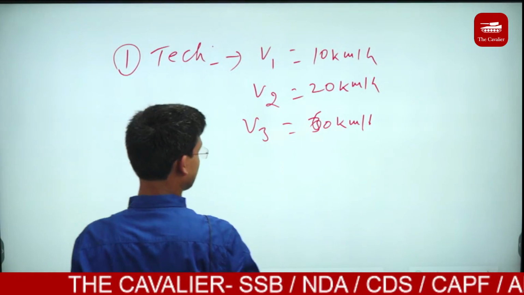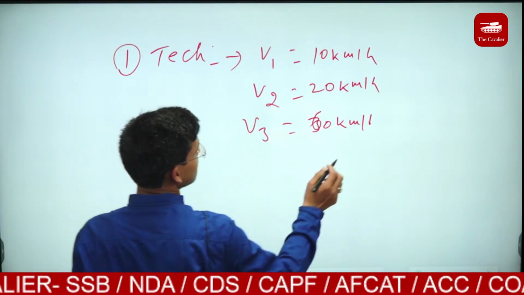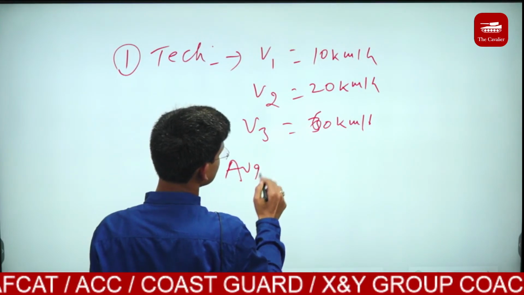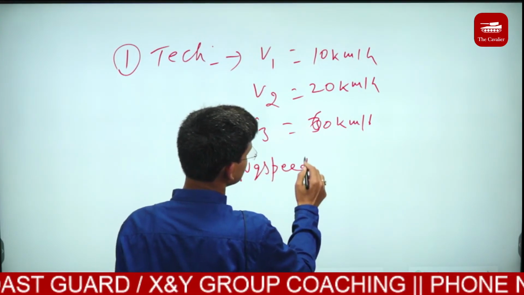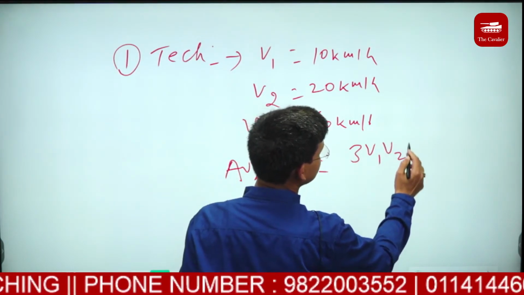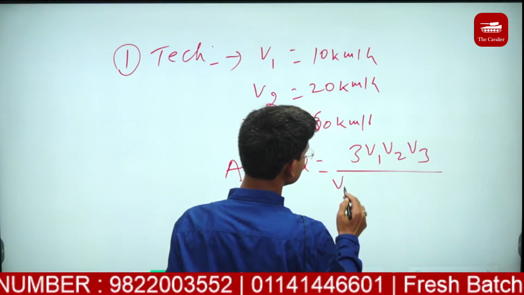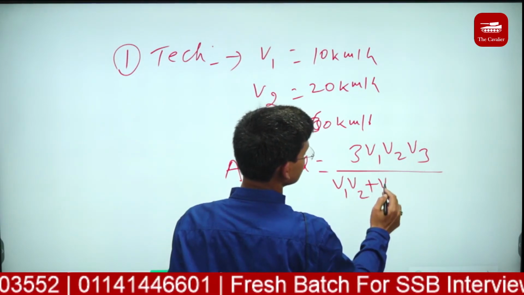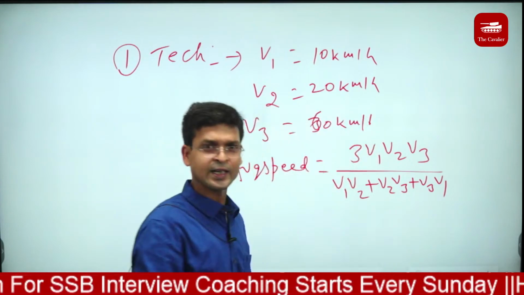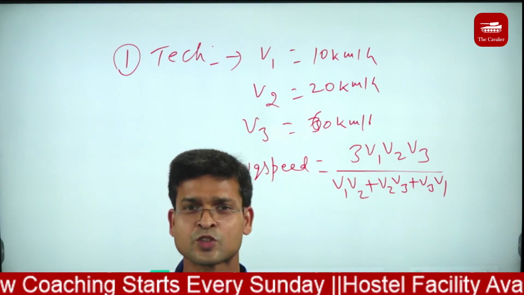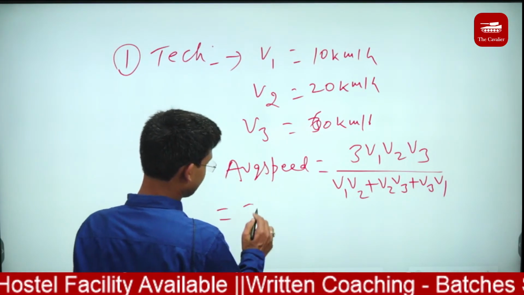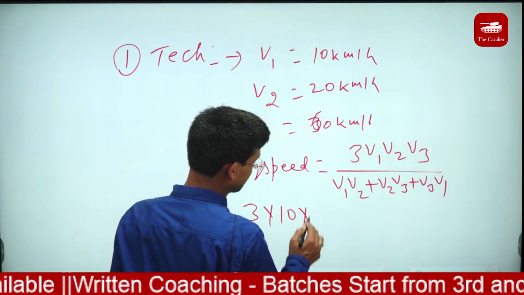Now we can easily find average speed. We have to apply the technique: 3v1v2v3 upon v1v2 plus v2v3 plus v3v1. ये टेक्निक अगर आप डायरेक्ट अप्लाई करते हो, बट दिस इज द केस ऑफ द थ्री वेरिएबल्स. तीन दिया होता है आपको. जब v1 की वैल्यू 10, v2 20, v3 60.